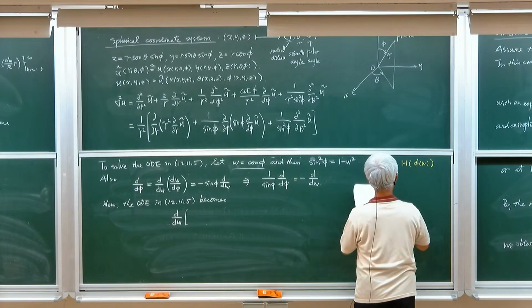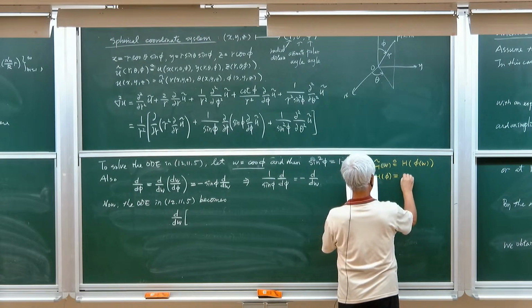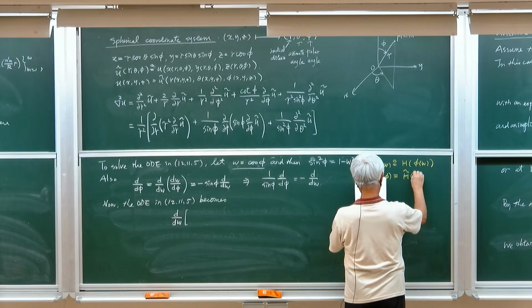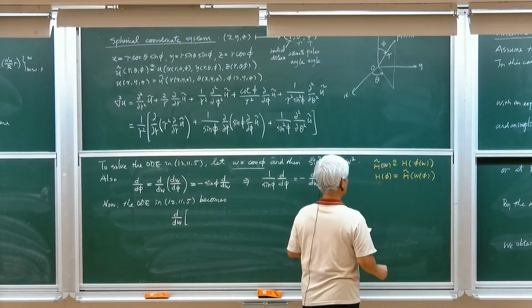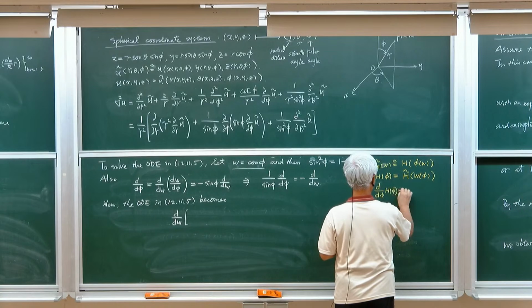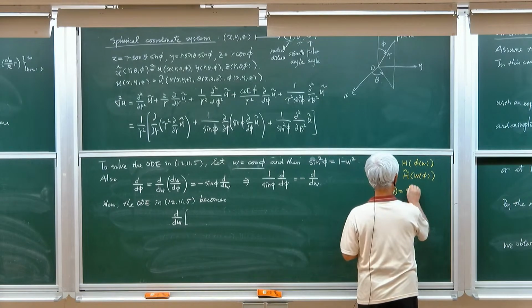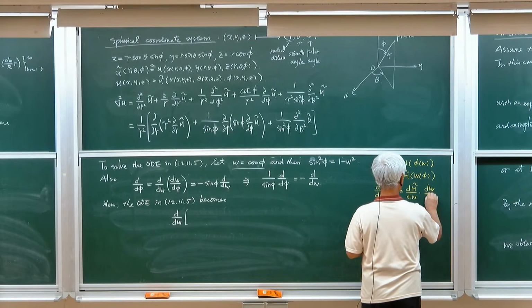Okay, so that h of phi, it's h delta and W5. Okay. Alright, and so D5, H5 becomes dH over dW times dW over D5.